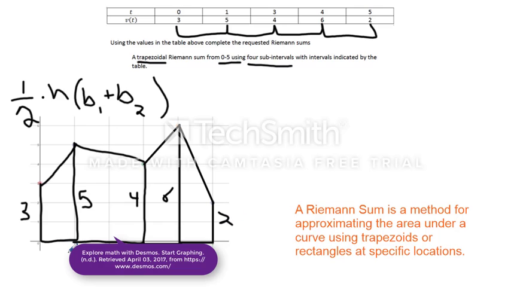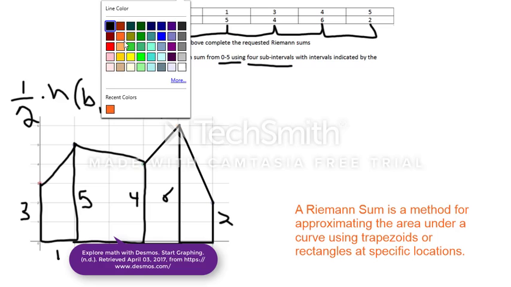If I try to get the heights of these trapezoids, this first trapezoid has a height of 1, this trapezoid has a height of 2, and then I end up with 1 and 1. From here we should be able to plug and chug in this equation to get the area of each one of these trapezoids separately.